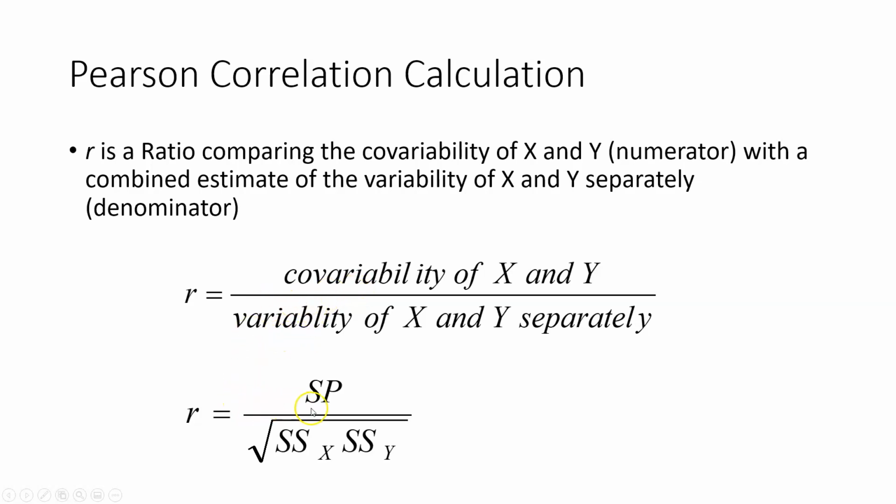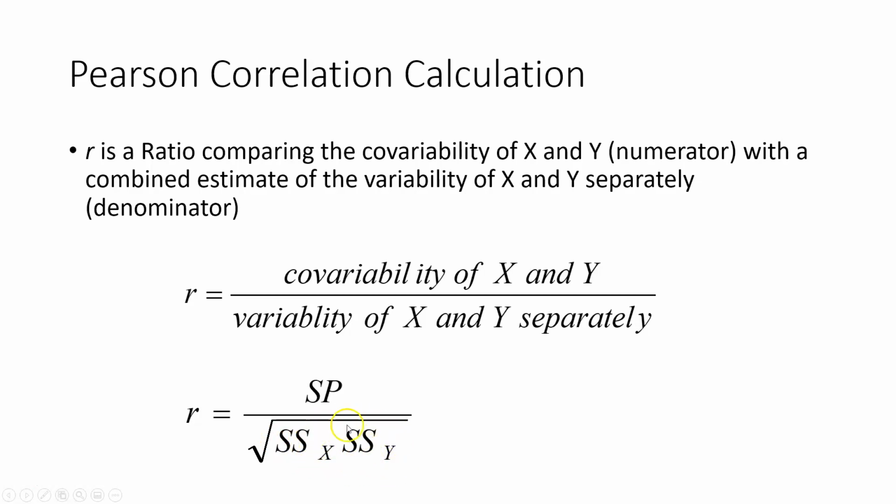In statistical terms, that ends up being the sum of products, which is an estimate of the covariability of the two, divided by an estimate of the variability of these two separately. And in order to combine them, we take the variability of the one separately from the other, and the variability of the other separate from the first.